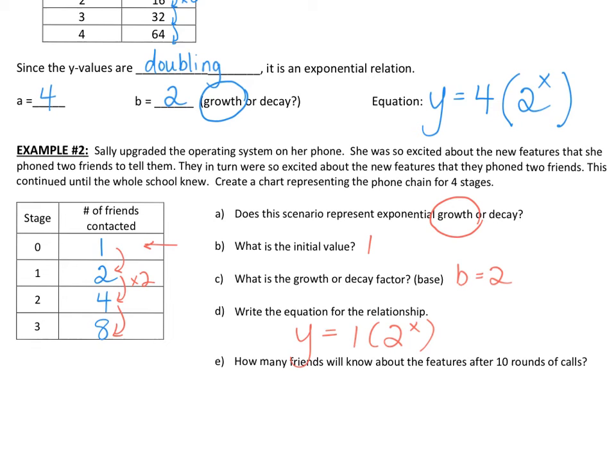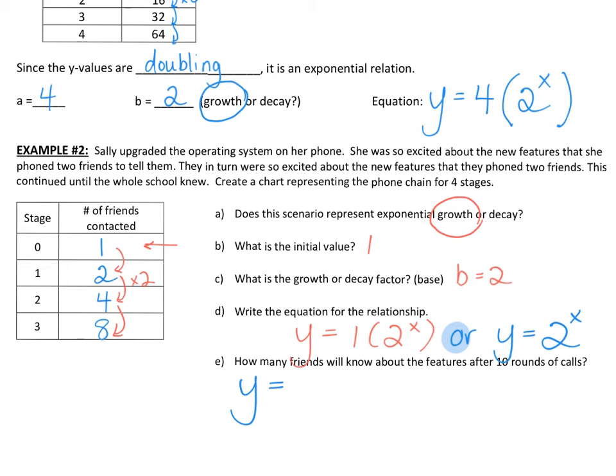Okay, so one new thing I want to show you is how you would answer a question like this. How many friends will know about the features after 10 rounds of calls? So hopefully it makes sense to you to take the equation. I should actually say as well that the equation could also be written, you don't actually need the 1 there since it is 1. You can just write it as y equals 2 to the x.